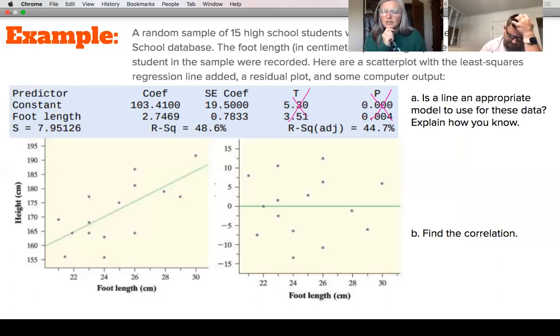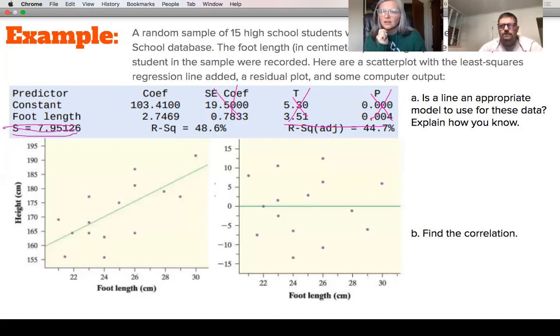Where it says R squared adjusted, we don't need that. It's not going to ask us anything about standard deviation, that S on the left-hand side, the 7.95, so let's get rid of that. And SE coefficient, standard error coefficient, let's get rid of that.